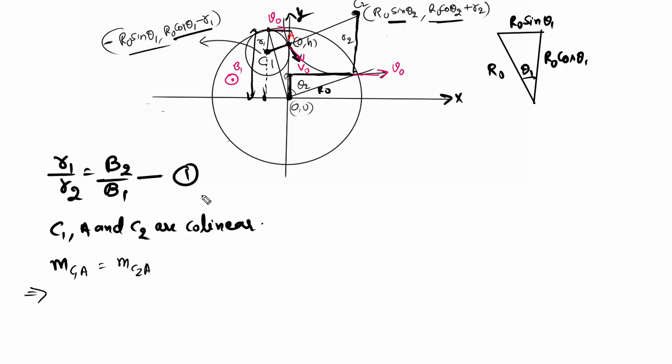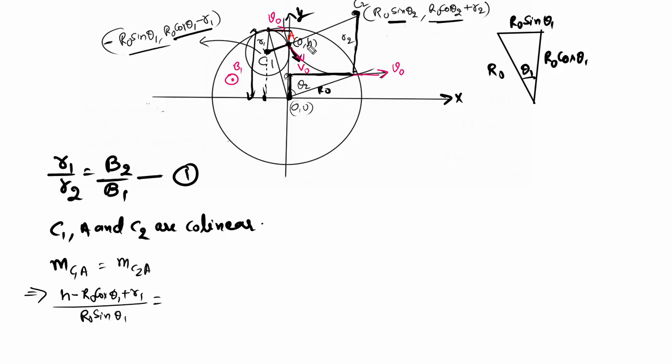What is the slope of C1A? H minus the y coordinate of this, that is R0 cos theta 1, plus R1, because we are subtracting, upon 0 minus minus plus, it will become R0 sine theta 1, is equal to the slope of the C2A line.